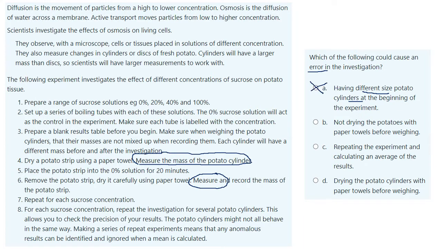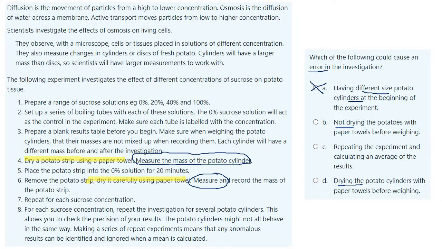B, not drying the potatoes with paper towels. And then D, drying the potatoes with paper towels. Now, if you look, both times when potatoes are going to be measured, they are dried with a paper towel. Why are they dried with a paper towel? Well, this is to avoid having an error.